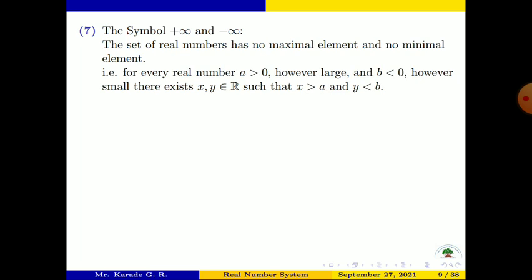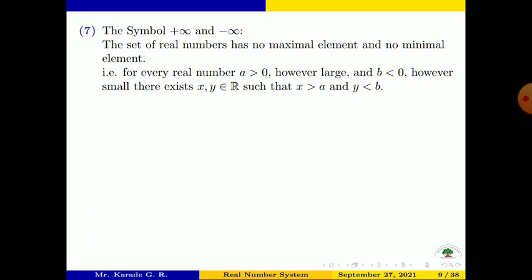That is, for every real number a greater than 0, however large, and for every real number b less than 0, however small, there exist real numbers x and y such that x is greater than a and y is less than b.